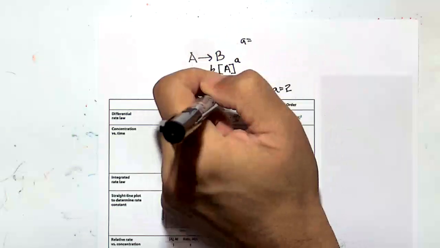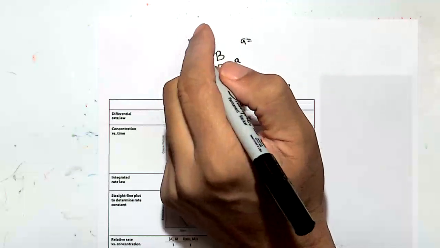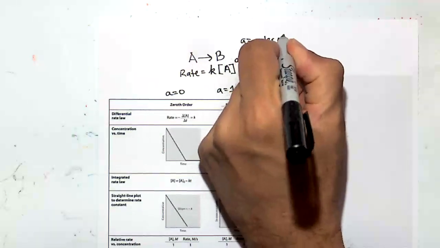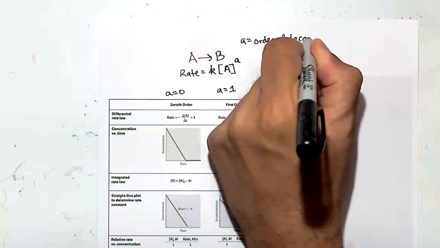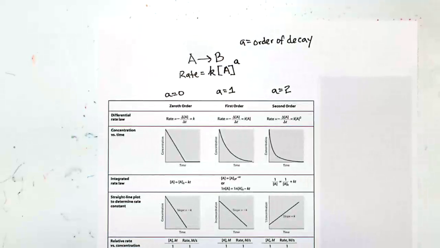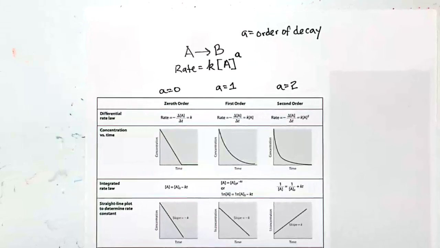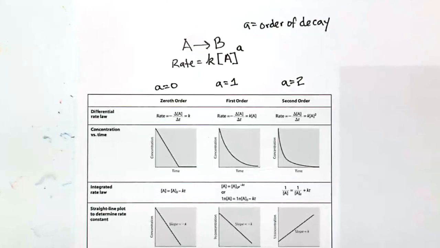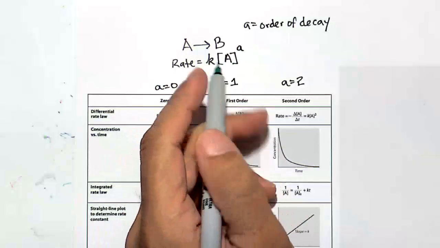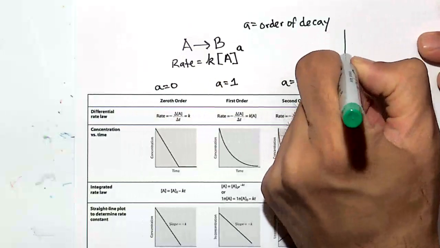Remember, lowercase a is the order of decay with respect to reactant A. So let's say A decays with zero order kinetics.